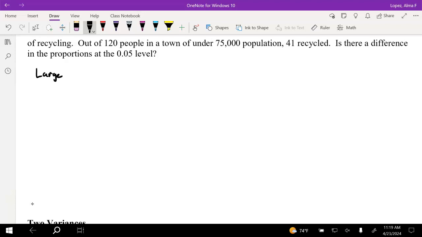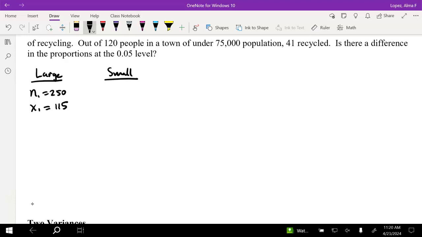So we have large cities and small towns. In a city with a population over 250,000, I guess they consider that large, 250 people were interviewed, and 115 of them said that they did some type of recycling.